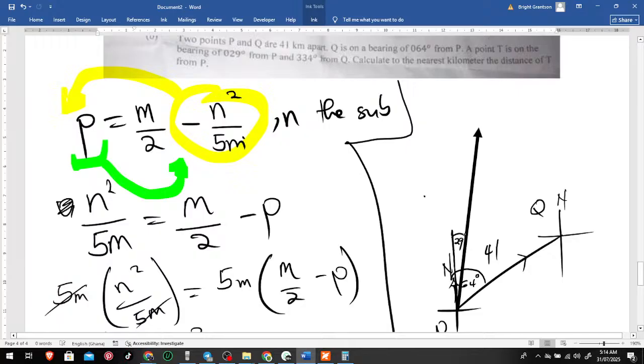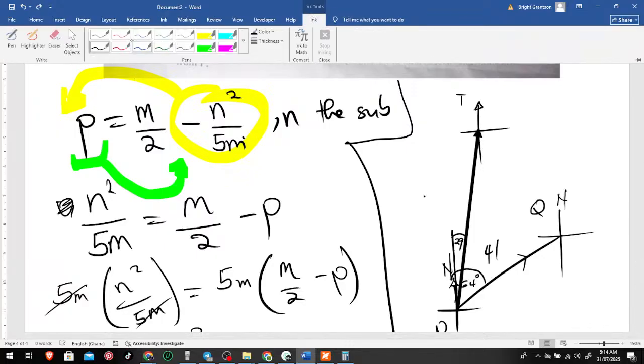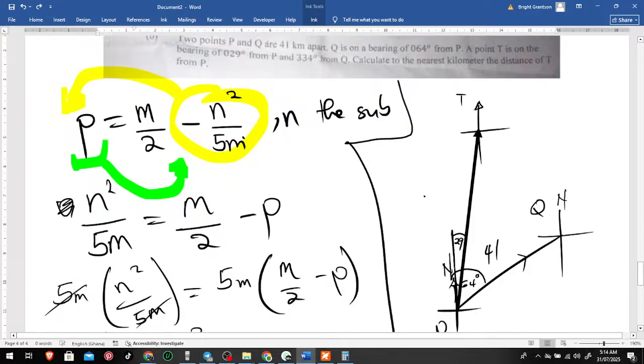So when it reaches here, this point becomes your T. From here to here is 29, corresponding angles, alternate angles. So from here to here is 29.